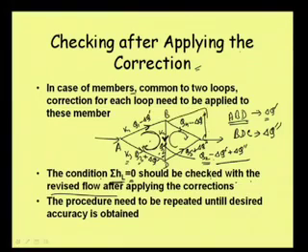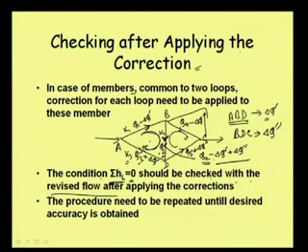Applying the correction to these loops, we need to recheck whether the summation of ACL equals 0 or not. Once we get the summation of ACL equal to 0, we should stop, as we have got the correct value. If not, we need to repeat the procedure starting from calculation of a new delta q0, and then adding or deducting based on whether it is positive or negative, we can get the solution.